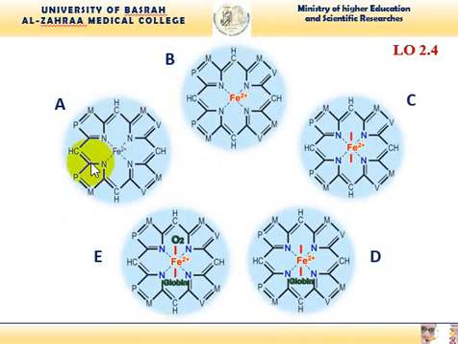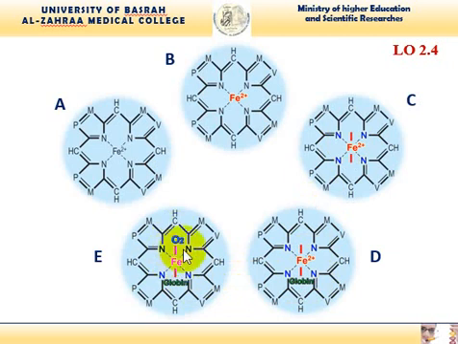So this is the structure of a heme, which consists of 4 pyrrole rings. In the center there is an iron, and this iron makes 4 linkages with the nitrogens, and 1 linkage with the globin, with the amino acid histidine present in the alpha and beta globin, and also 1 link with the oxygen.